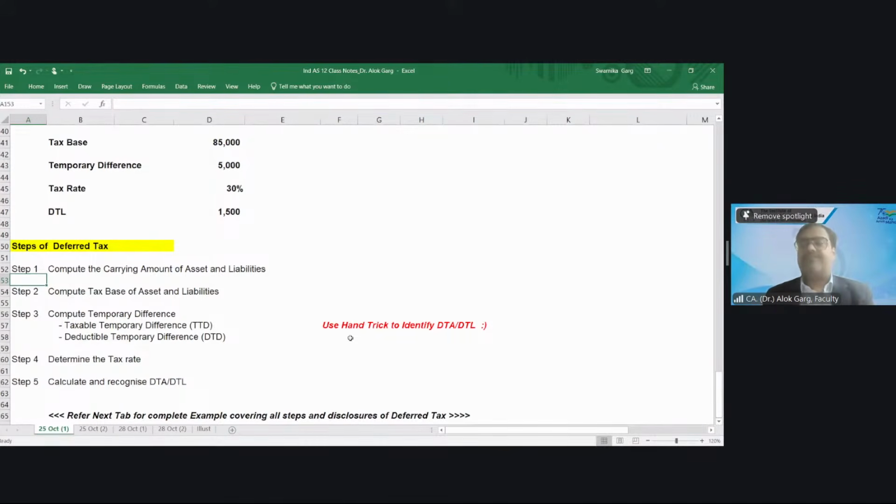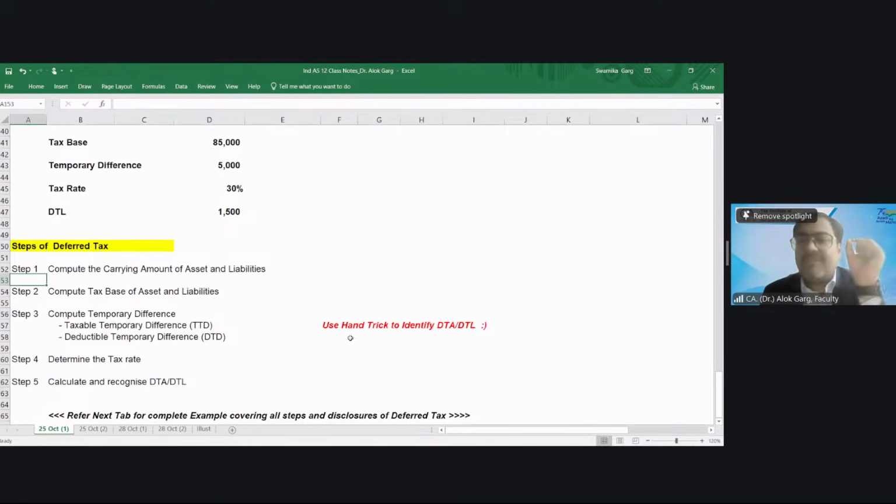For example, impairment of asset. If there is any impairment loss, of course, impairment loss is not allowed in the Income Tax Act. So on that impairment, you need to create a deferred tax asset or deferred tax liability, whatever it may be, right? DTA or DTL. Okay.